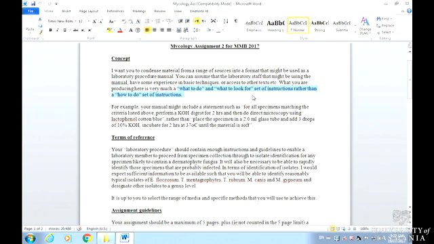As an example up there, I've said it may be that you do a test called a KOH digestion test, where you put a bit of toenail or fingernail in a glass tube and add some KOH. What I don't want you to do is tell me how to do that test. Don't go and say put the toenail in the glass tube, then add some KOH and incubate for an hour.